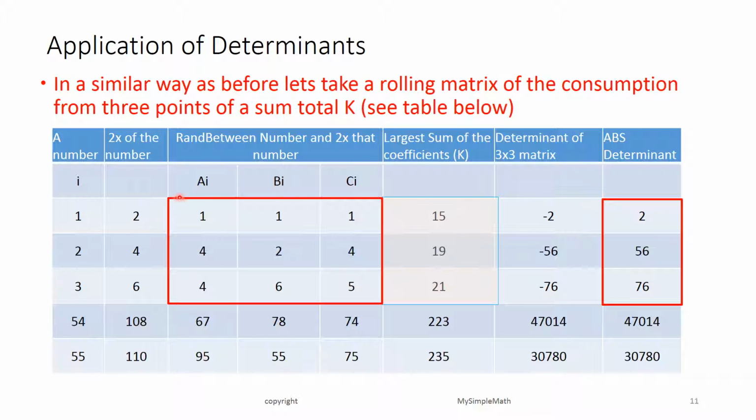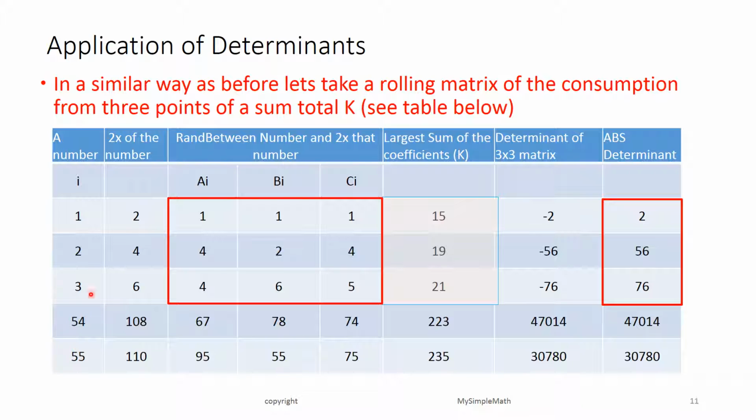Let's say this is the 3x3 matrix, the rolling matrix for days 1, 2, and 3 on homes A, B, and C. And I took 15 as the largest consumption in this. And I ran this from 1 to 3 all the way till 55.